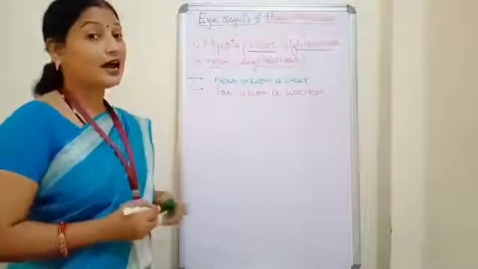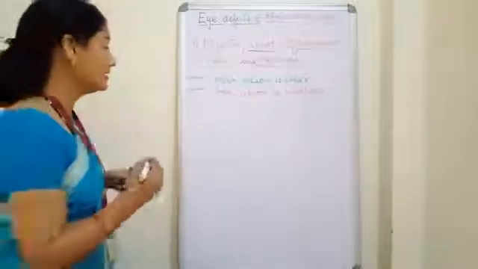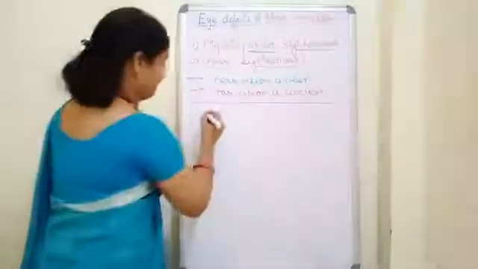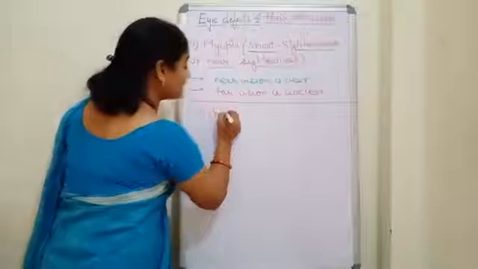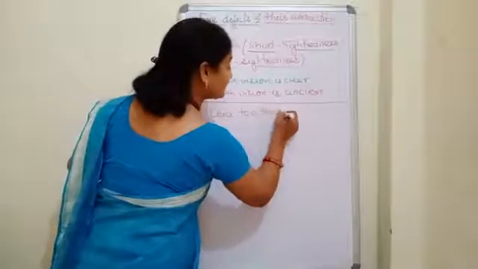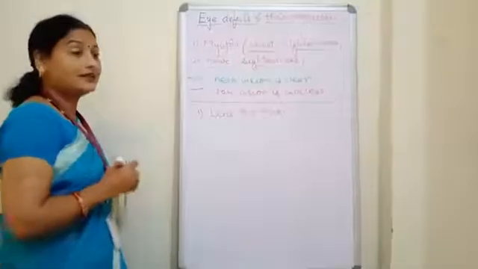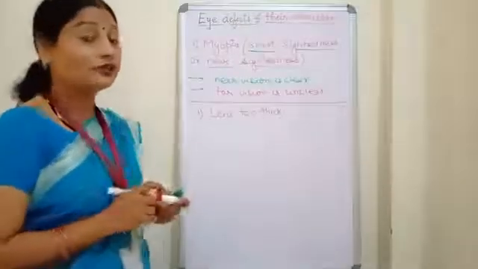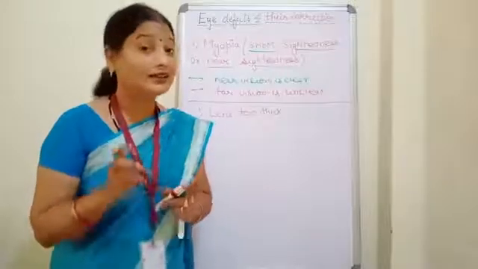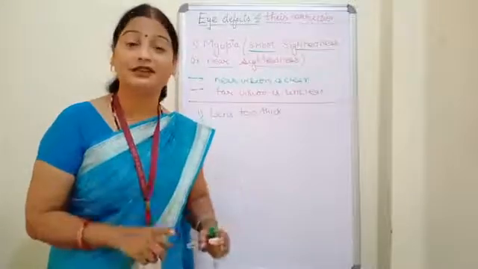Now see children, how this defect can occur in the eye. What are the causes of this defect? Number one, when your lens becomes too thick. Children, as I told you, thicker is the lens, higher is the converging power.